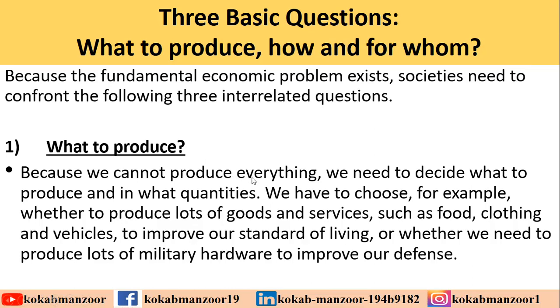So whether it's a poor economy or a rich economy or a developed economy, all the economies do have a certain amount of resources and they are scarce in nature mostly, right? And on the other hand, we have unlimited wants to satisfy.